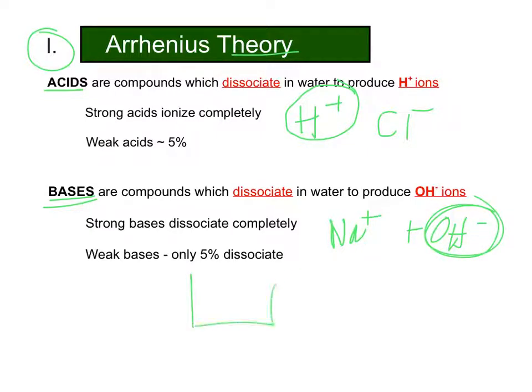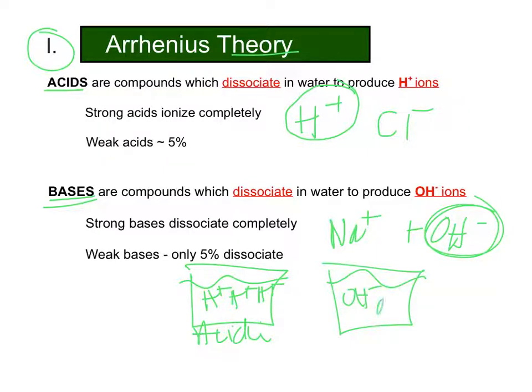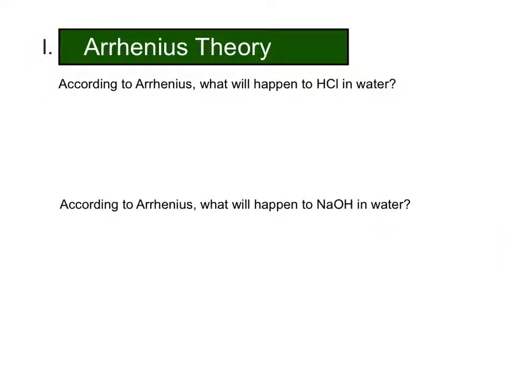Based on Arrhenius's theory, a beaker with lots of hydrogen ions would be considered acidic, and a beaker with a high number of hydroxide ions would be considered basic.